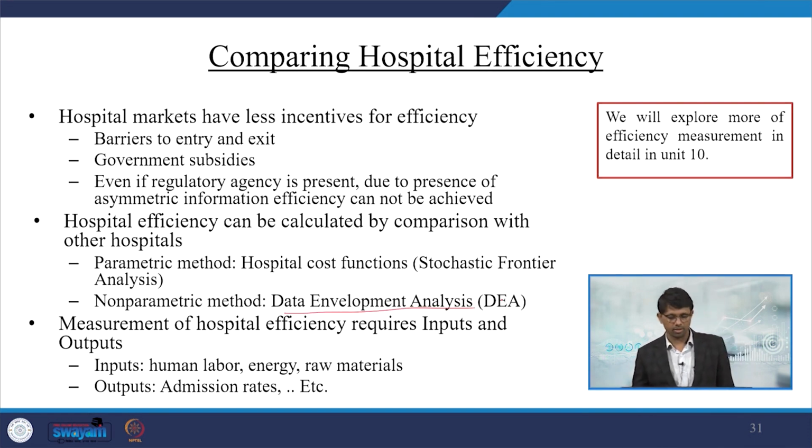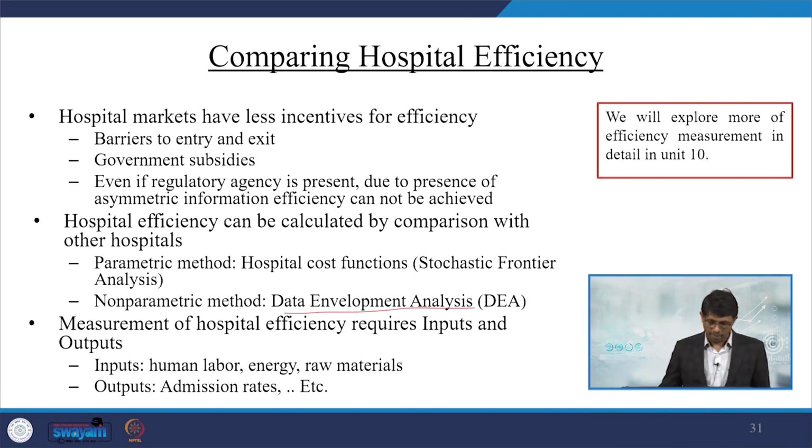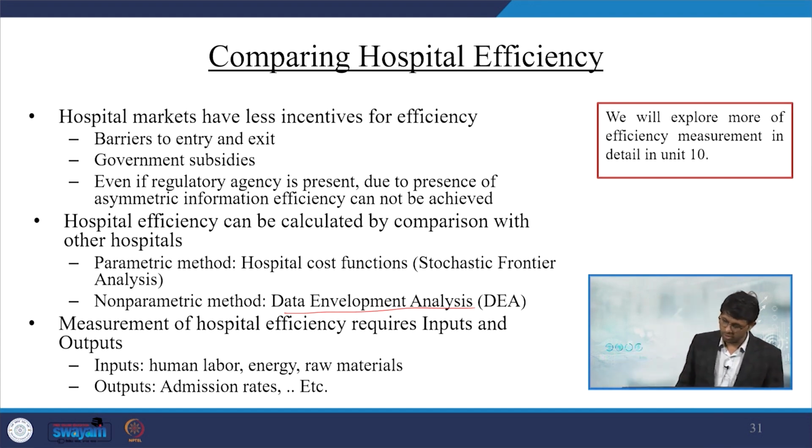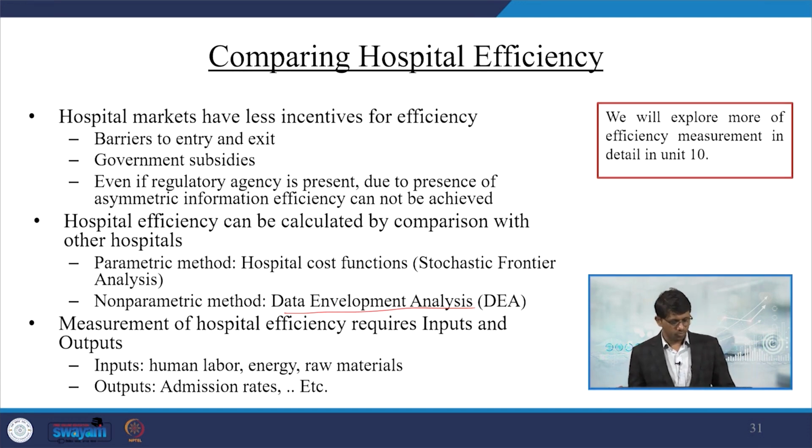We are also explaining this in our respective chapter on DEA, and will also give you some direction related to conversion of the non-parametric component to a parametric component, especially controlling the errors, and where hospital cost functions through SFA, stochastic frontier analysis, will just be touched upon in our module. Measurement of hospital efficiency requires inputs and outputs, so we will also explain this in detail. We are explaining this in unit number 10.